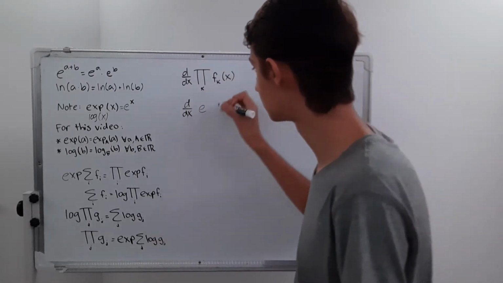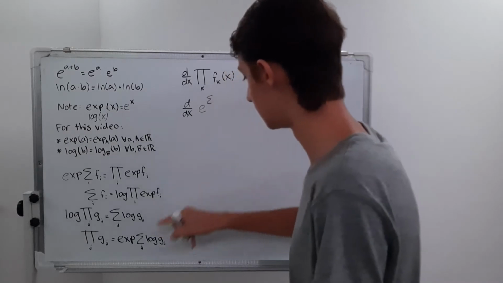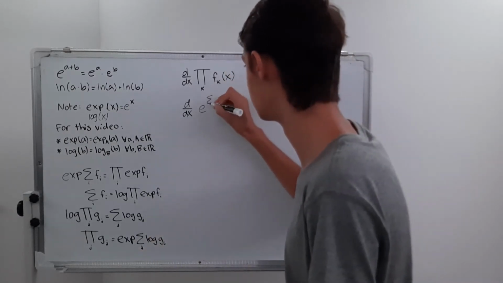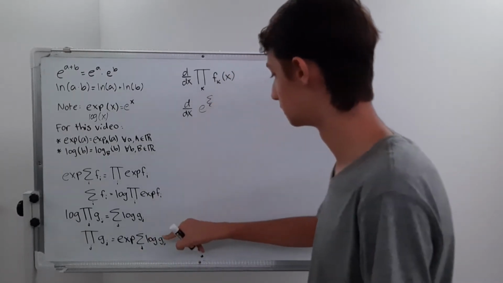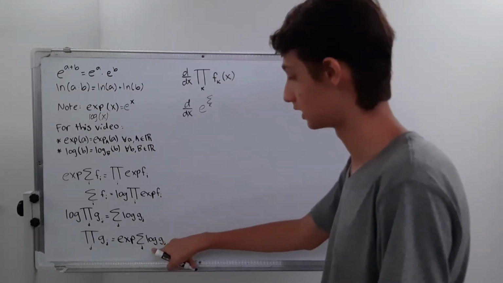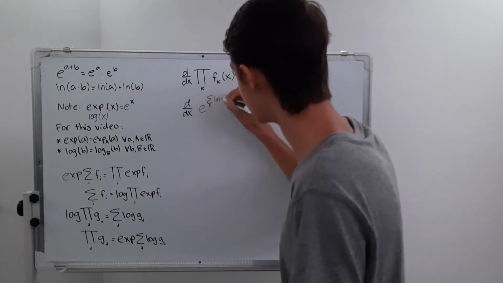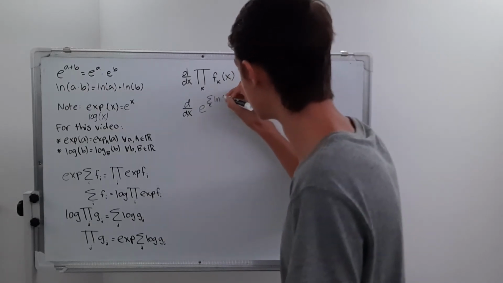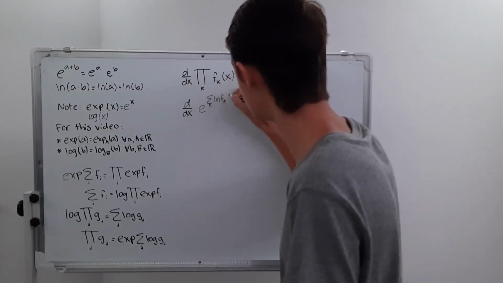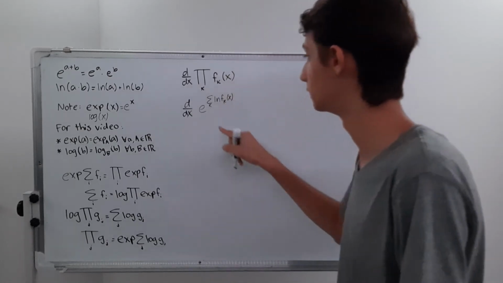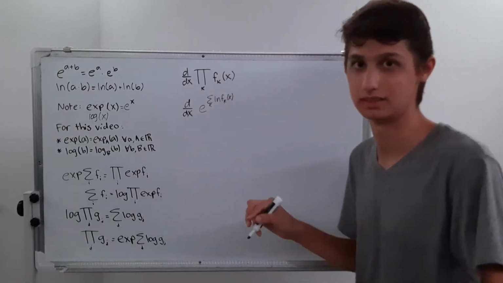It's going to be e to the sum over our k's of the natural log, because you have to use the same base, of f_k of x. The reason why I'm using e and ln is because it's really easy to work with when you're taking a derivative.